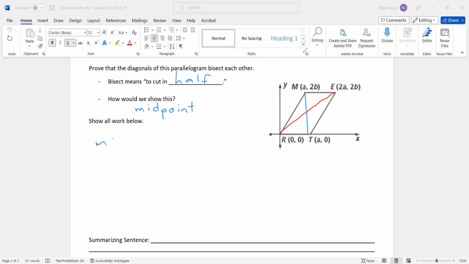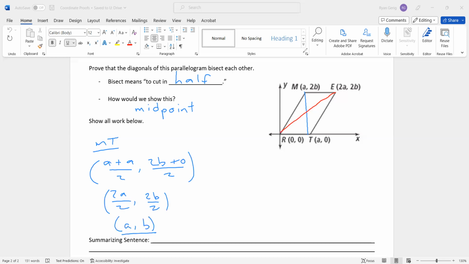So let's start with MT. We have all the coordinates there, which is nice. So MT, so A plus A divided by 2, and then 2B plus 0 divided by 2. So that's 2A over 2 and 2B over 2. Divide by 2, I get A comma B. That's the midpoint of MT. Now let's do RE.